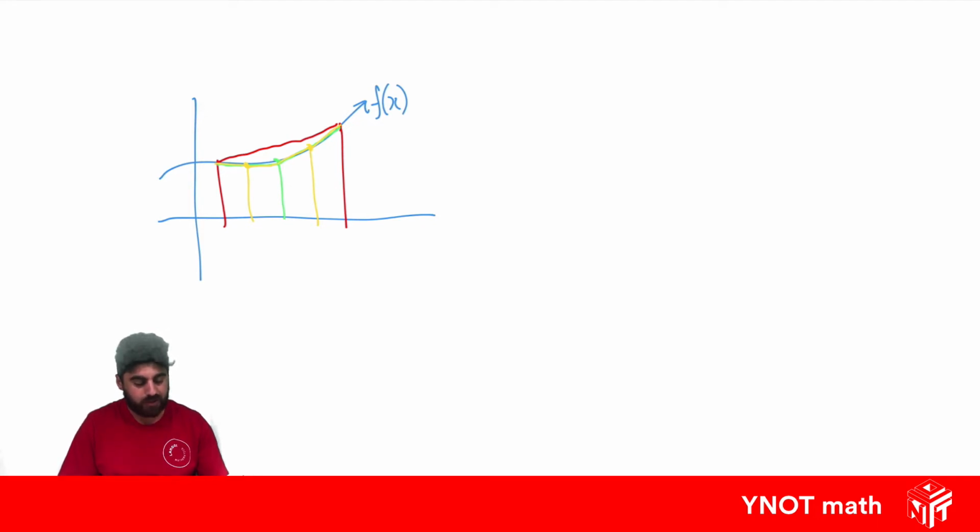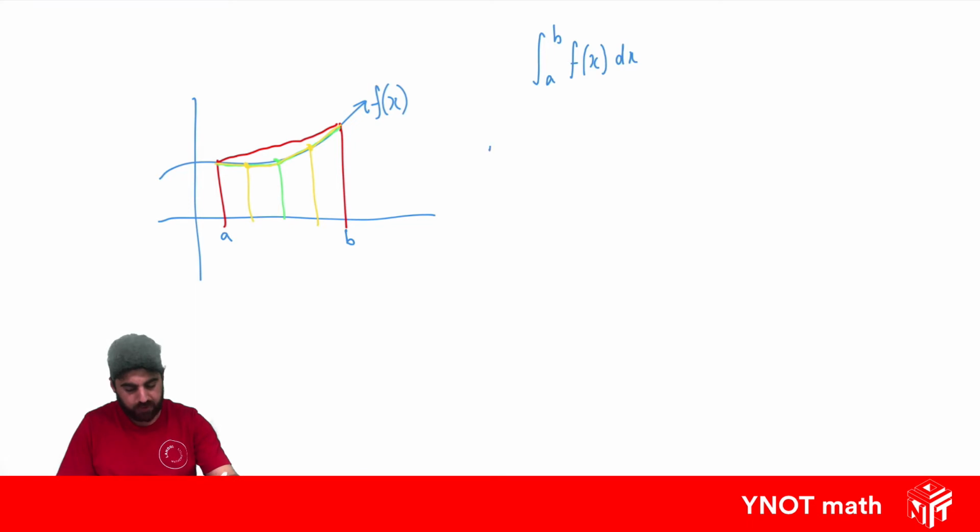We're going to be splitting up an area that we want to find into trapeziums and finding the areas of all of those. But we have a formula to help us do this. So you might see a couple of different formulas, and they're all going to be a way to approximate the integral from a to b of f of x dx, where a and b are the bounds of your area.